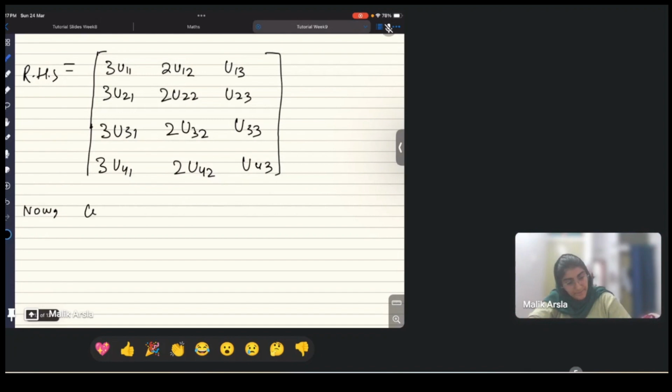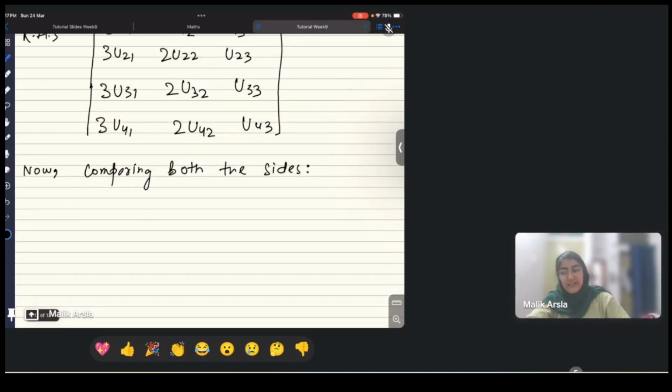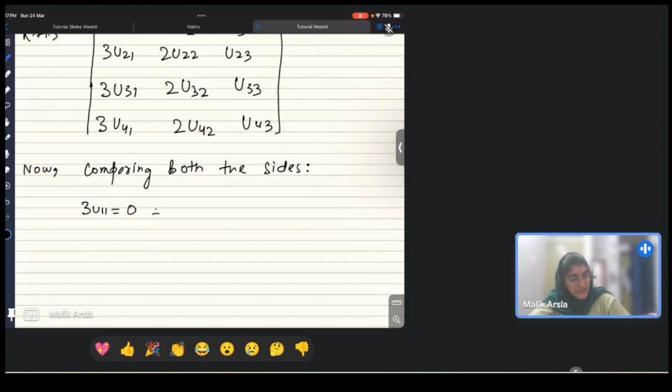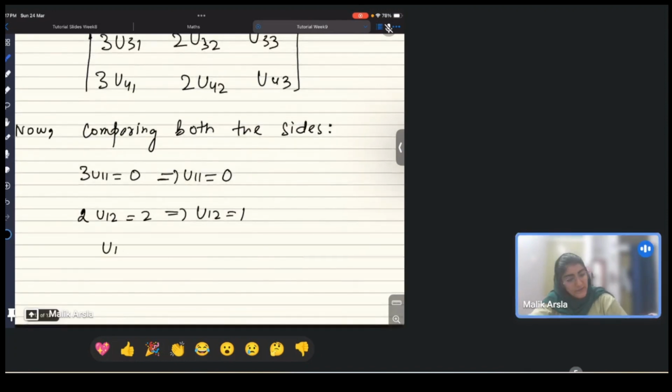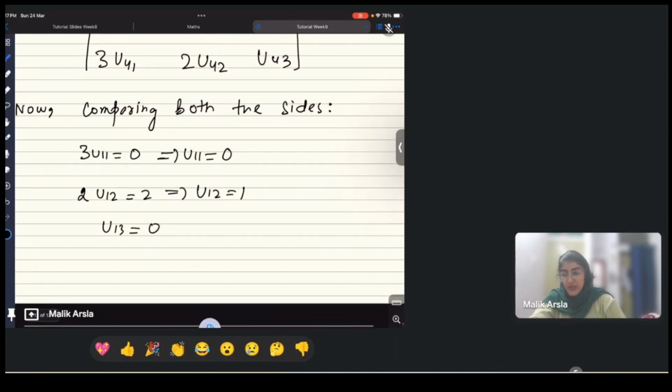On comparing both the sides, we will get certain equations. See, 3 times U11 will be equal to what? 0. It implies U11 is equal to 0. Twice U12 is equal to 2. It implies U12 is equal to 1. Then U13 is equal to 0. Are you following me?